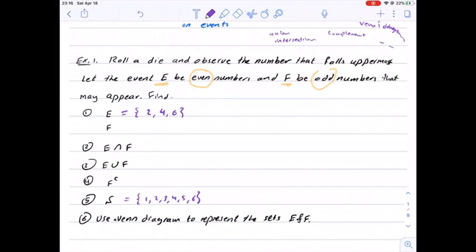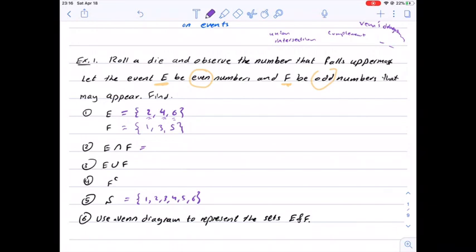Now, E is a subset of it. We are only interested in finding the even numbers. So the even numbers in the sample space are 2, 4, and 6. What about F? F consists of odd numbers. The odd numbers are 1, 3, and 5.